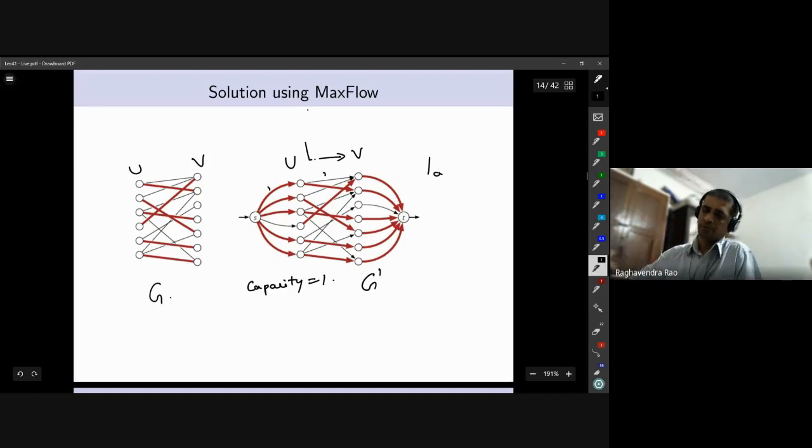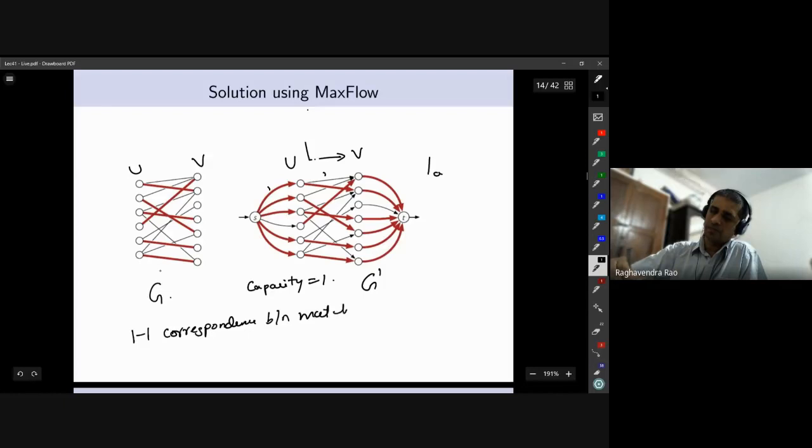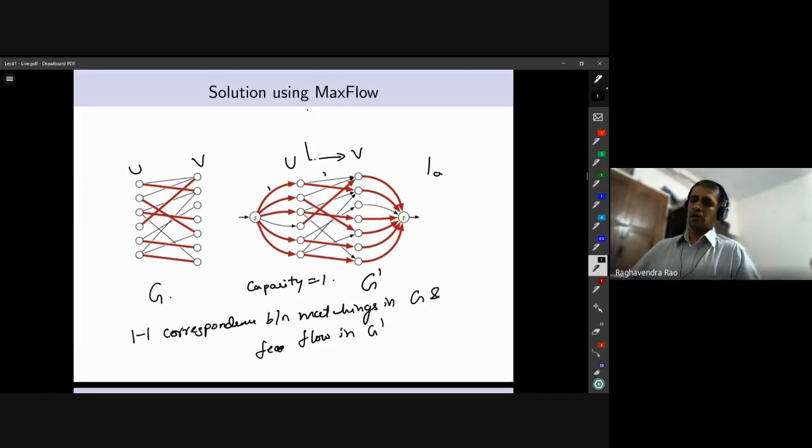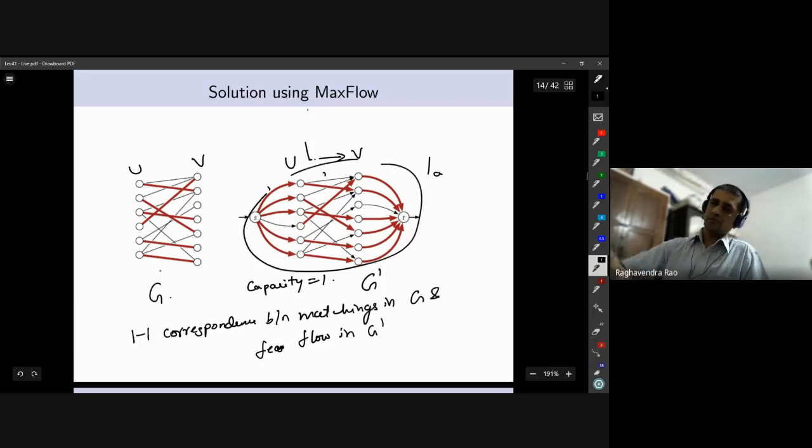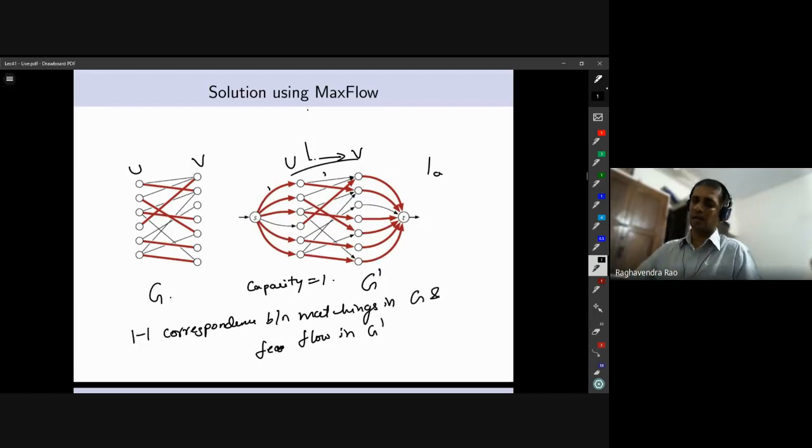That is, a bijective correspondence between matchings in G and feasible flows in G prime. So to solve the maximum matching problem, all you need to do is compute max flow in this graph. This is one of the classical examples of applications of network flow.